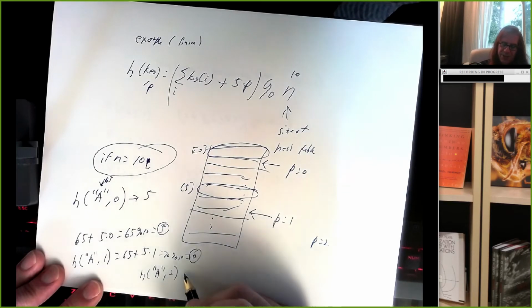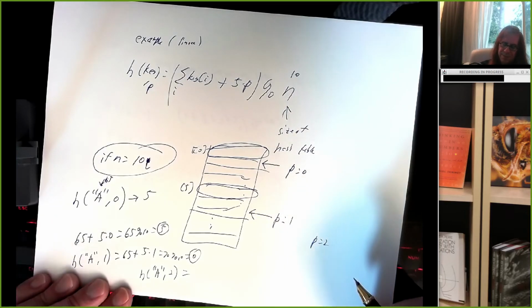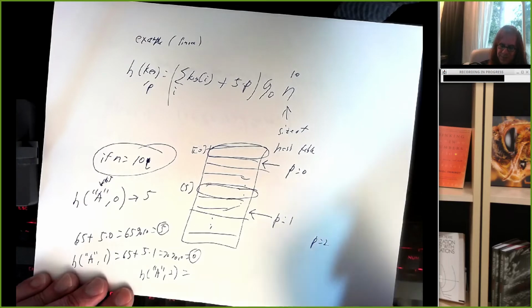What happens on our third attempt? What's the hash function going to return? Well, I was trying to think of what's 75 modulo 10.